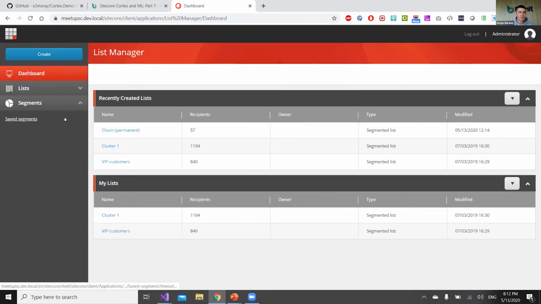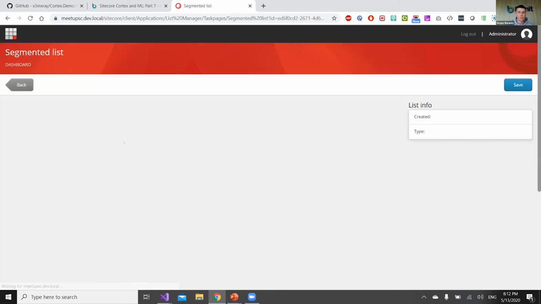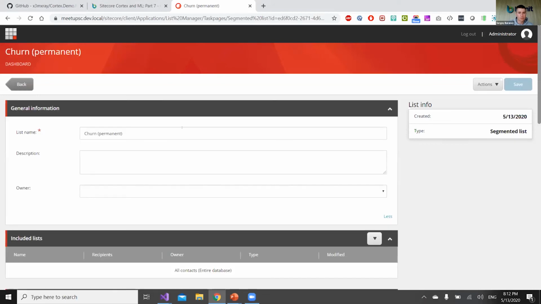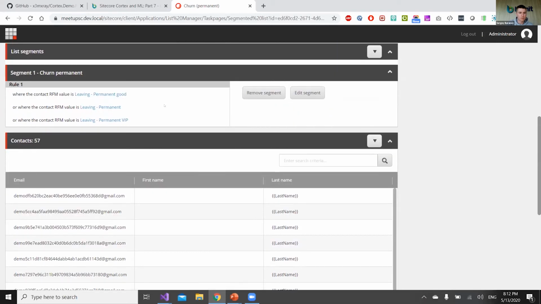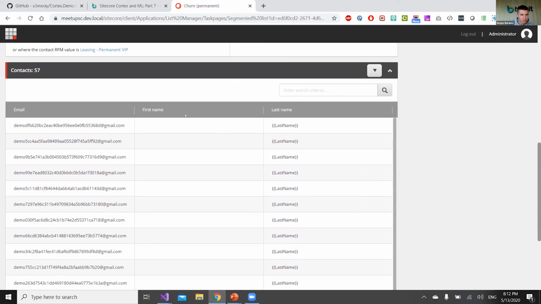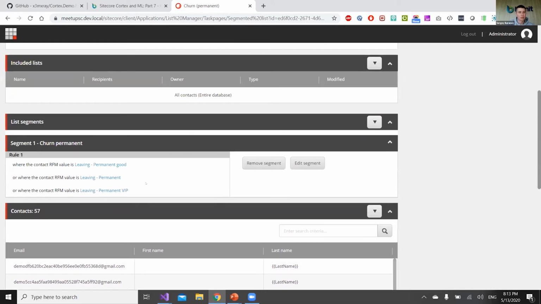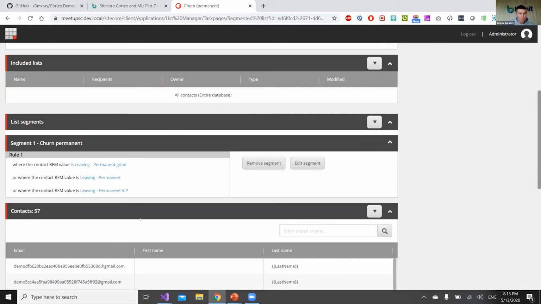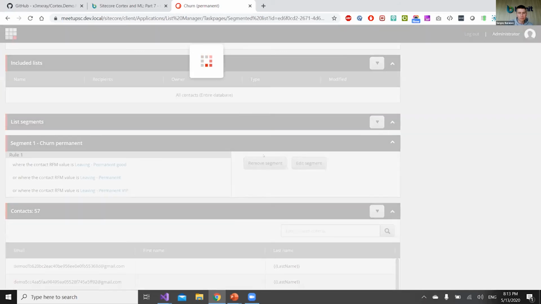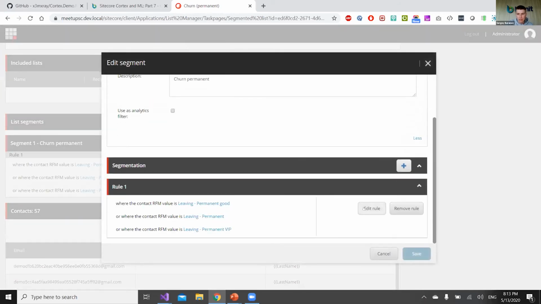We can easily create segments in our solution where we can identify some rules. For example, you can see that there are only 57 permanent customers who were trying to leave our service, but let me show if I add regular leaving customers.